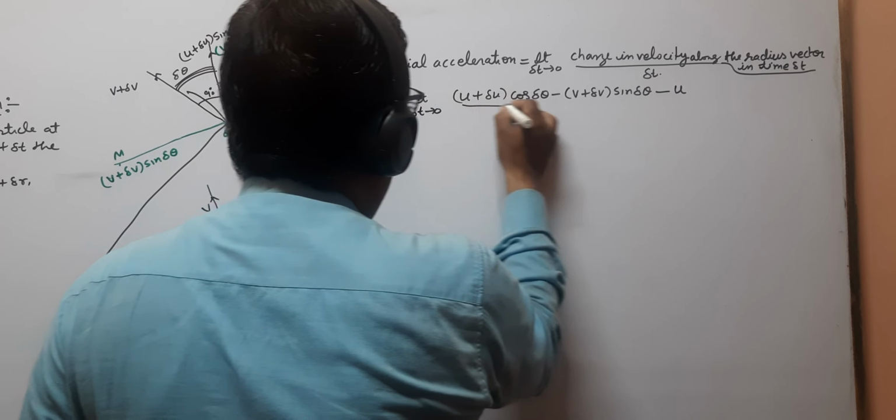So this can be written as u plus del u and 1 minus del theta square by factorial 2 plus del theta whole power 4 by factorial 4 minus and so on, minus v plus del v and expansion of sin del theta is del theta minus del theta whole cube by factorial 3 plus and so on, minus u divided by del t.